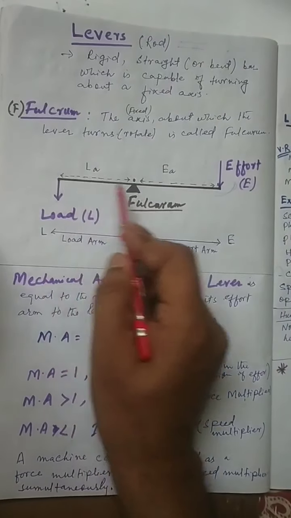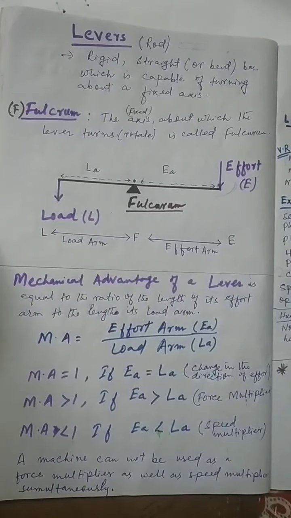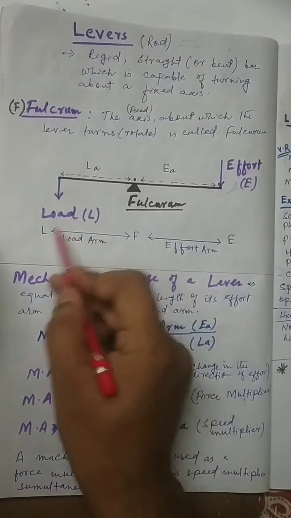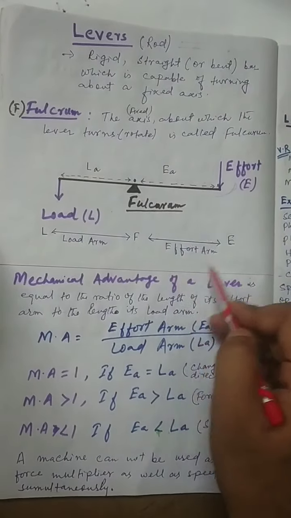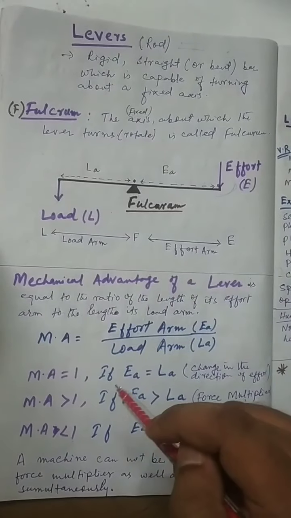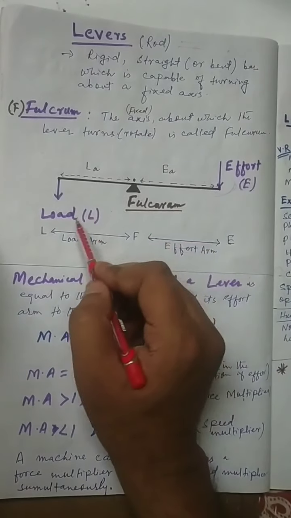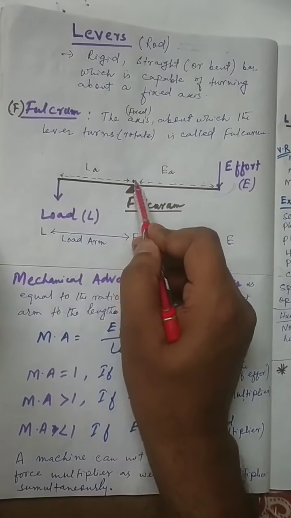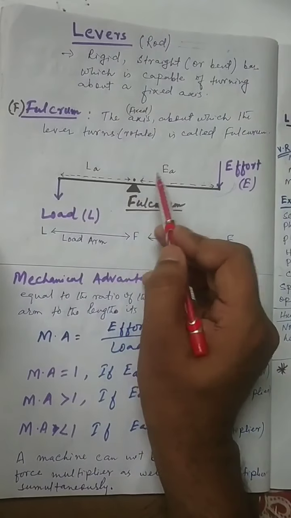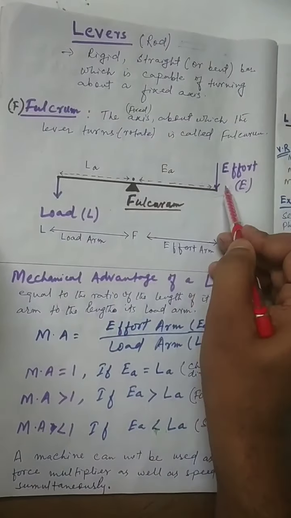Always the distance between the fulcrum and effort is called the effort arm. So load arm means the distance from fulcrum to load. Effort arm means the distance from fulcrum to effort.